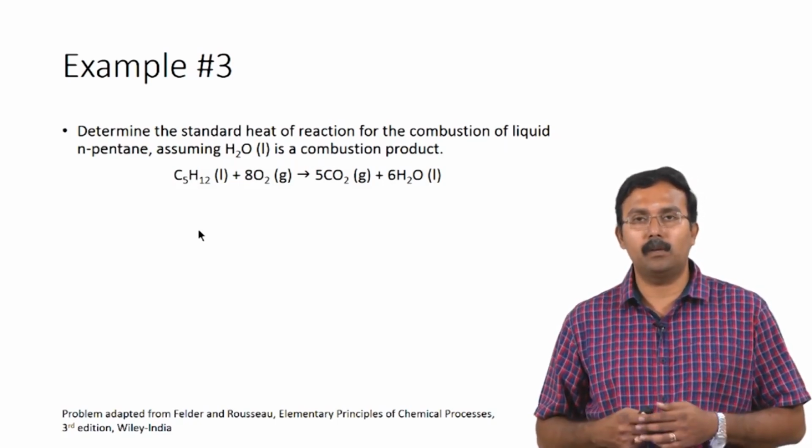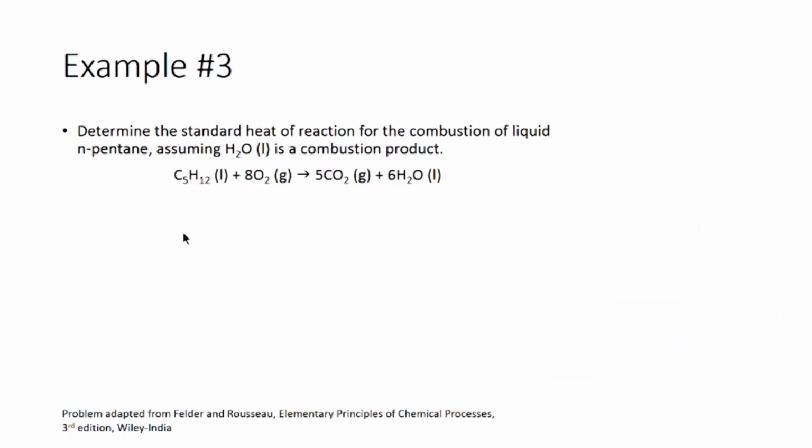Based on the equation which we were given in the last slide, you would have delta H R cap as sigma of nu i delta H f i cap minus sigma of nu i delta H f i cap, where the first one is for the products and the second one is for the reactants.